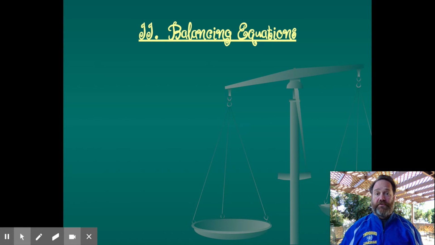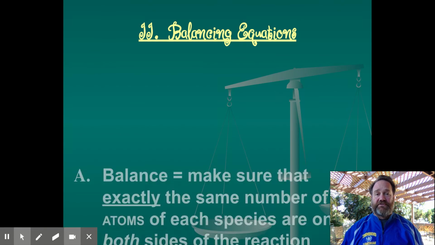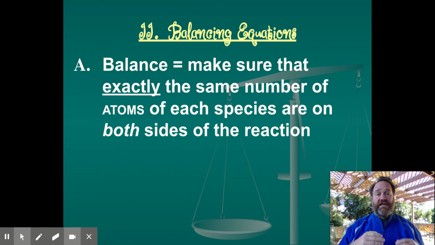There are some important factors when we look at subscripts and we go through. The other thing we want to know now about balancing is that whatever you start with, you have to end with. Again, Dalton's law. So however many atoms are on the reactant side of each element or each molecule, they have to be the same.